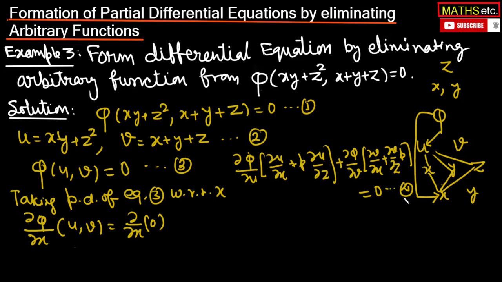So this equation 4 resulted out of taking partial derivative of equation number 3 with respect to x. Similarly, if we take partial derivative with respect to y, in equation number 4, wherever x variable is there, it will be replaced by y variable firstly, and secondly p stands for del z by del x. So in place of p, it will be del z by del y, and we denote it by notation q.